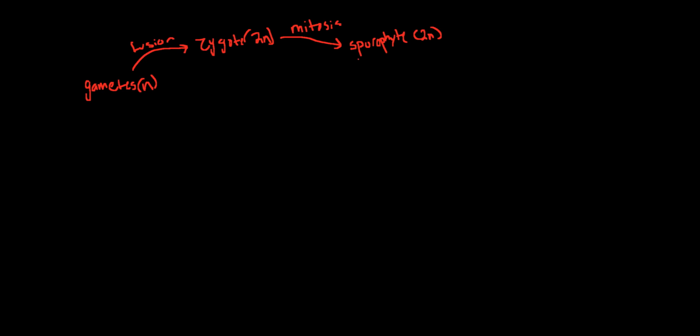Once we have a sporophyte, we're going to undergo meiosis this time, and we get a spore. Now the 2N becomes N. Finally, from spores, we do mitosis again and you get gametophytes.